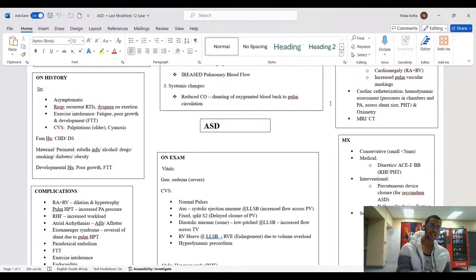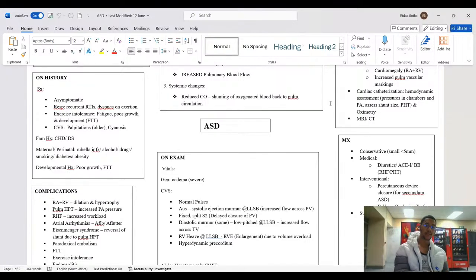Okay, exercise intolerance, fatigue, growth and development, right? Failure to thrive, fatigue, right? And then on CVS, you have palpitations in older children as well. Cyanosis can also occur.